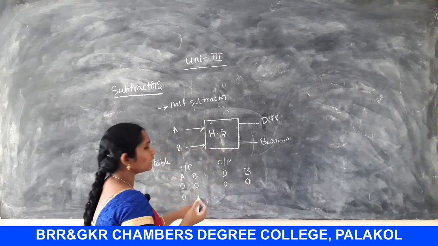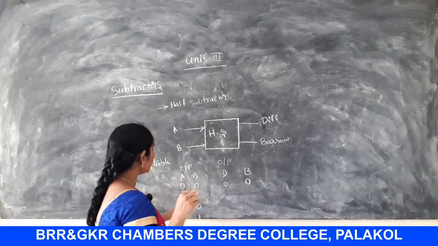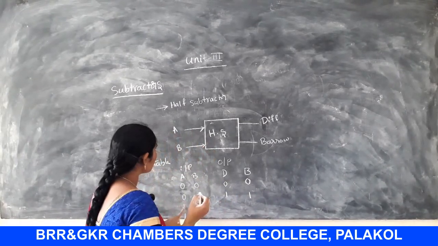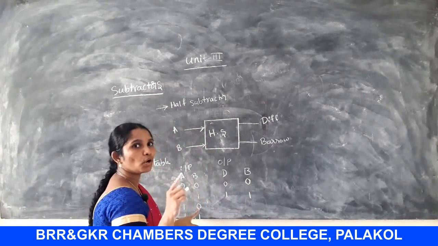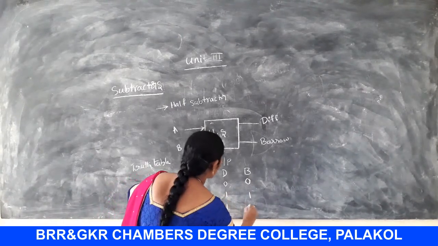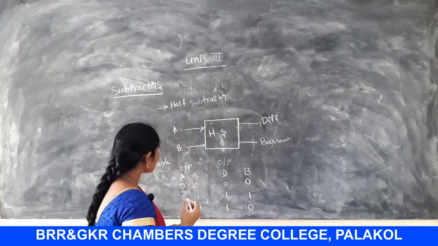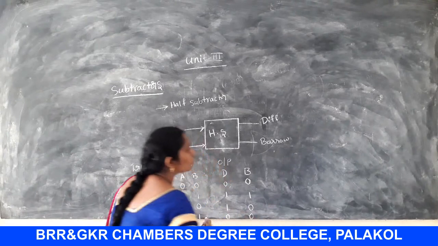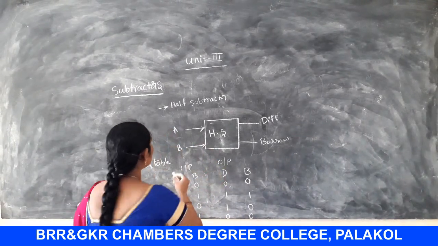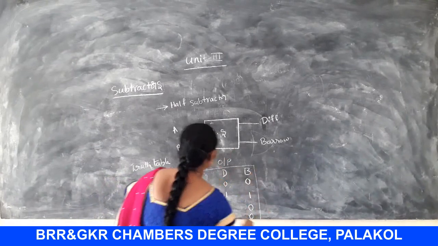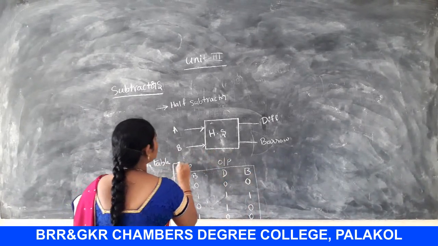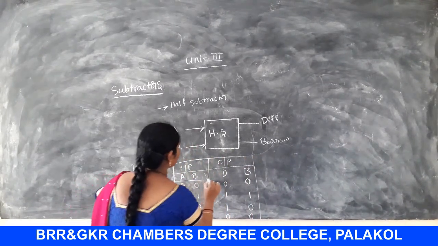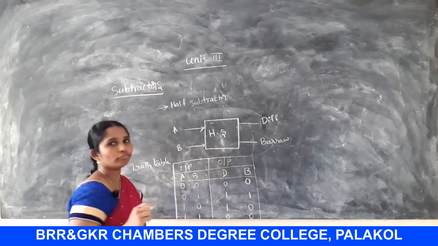Next one is 0 minus 1. 0 minus 1 is nothing but difference 1 and borrow 1. So 1 minus 0 is nothing but 1 and borrow is 0. Next 1 minus 1 is nothing but difference 0 and borrow is also 0. Okay, so this is the truth table for half subtractor.